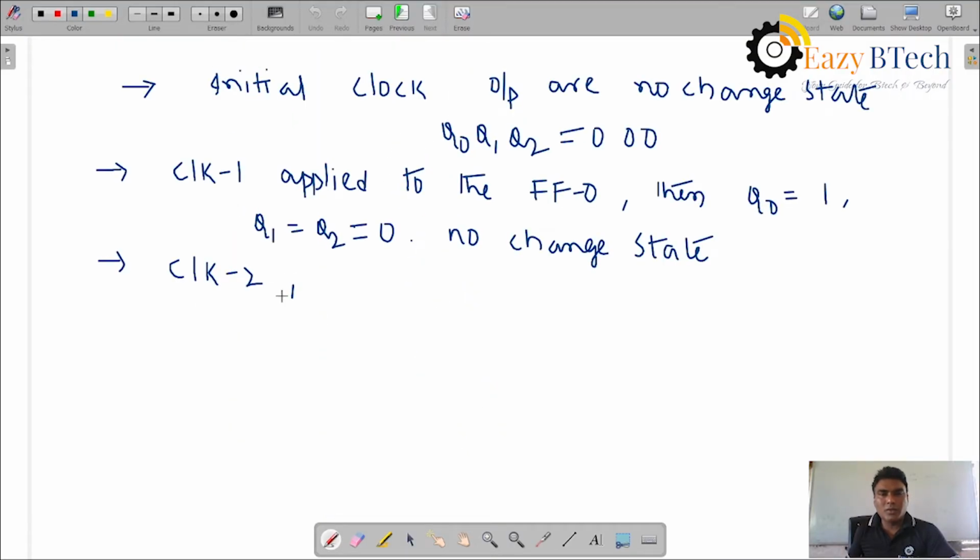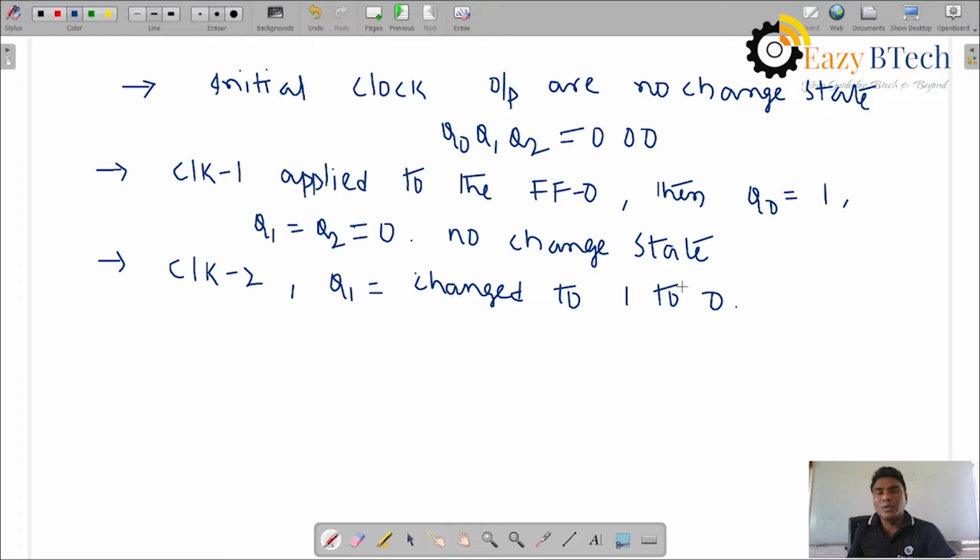So when clock 2 is applied, Q0 changes from 1 to 0.